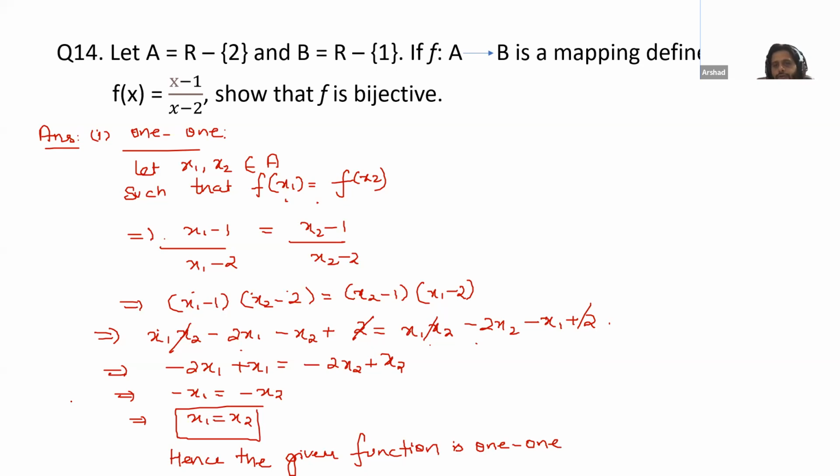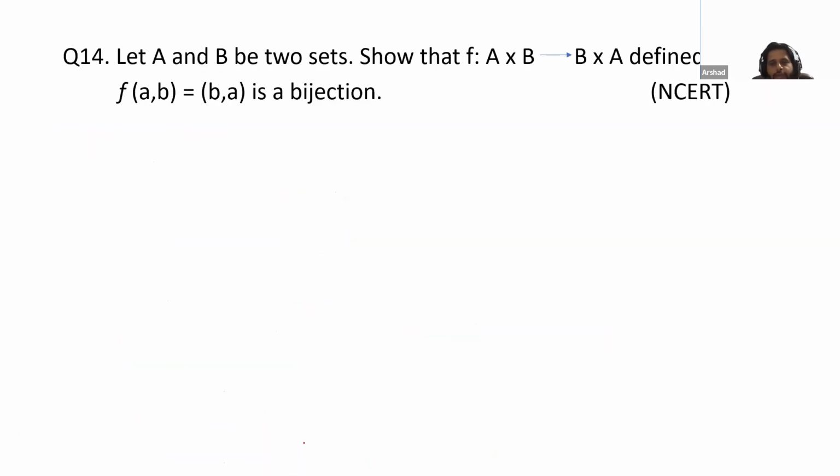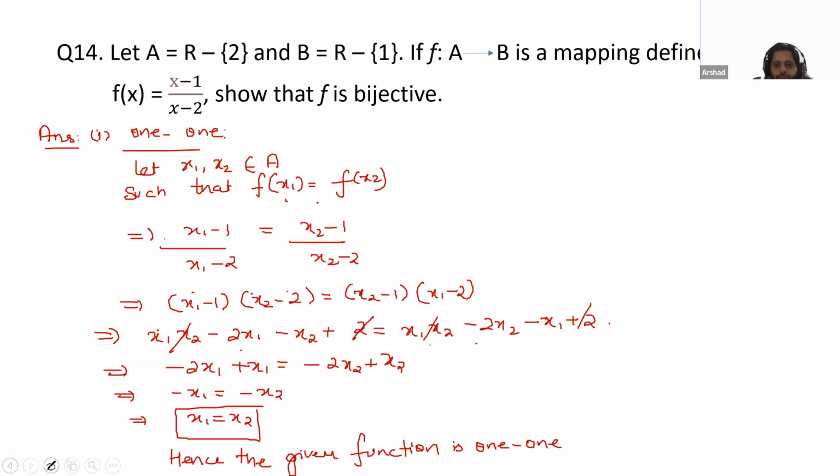Shall we start next? No reply means it is done. So I'm going to start the next one.